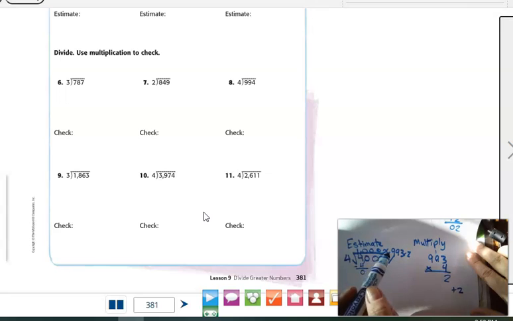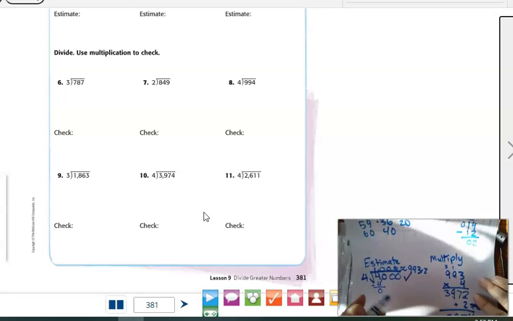So 3 times 4 is 12. 4 times 9 is 36, 37, 38, 39. 3,972 plus my 2 is 3,974, which is the same as my dividend there. So whether you choose to estimate or you choose to multiply, you can check your work.